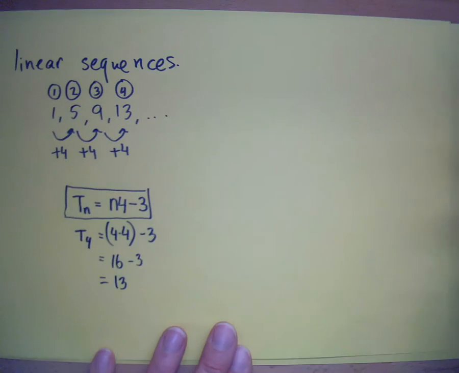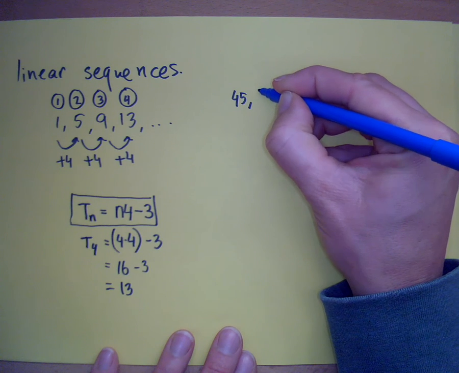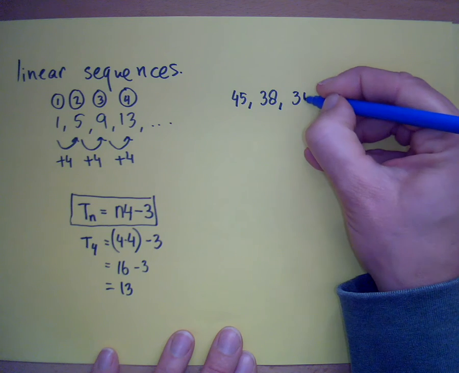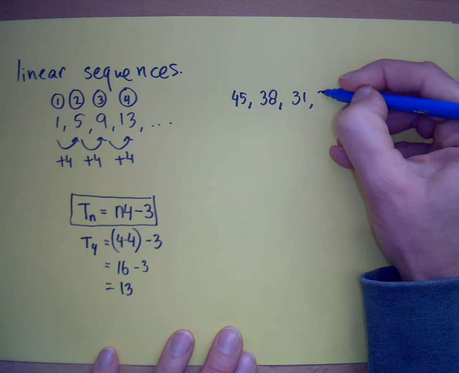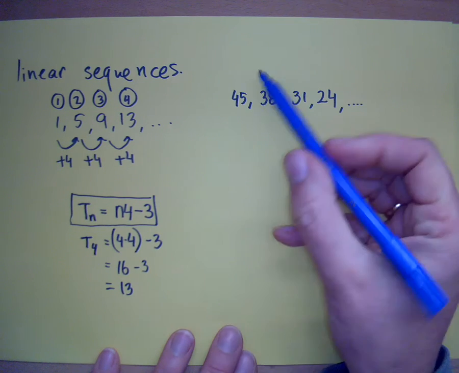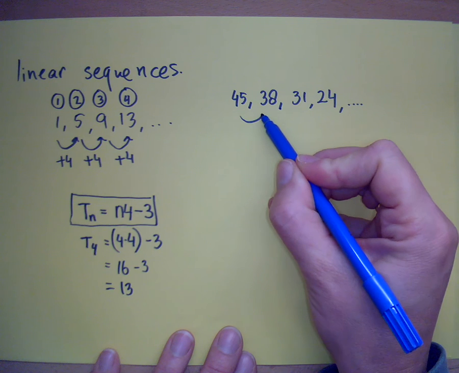This one. 45, 38, 31, and 24. Okay, what happens here? It's linear, so we know it's going to be plus or minus the same thing over and over.